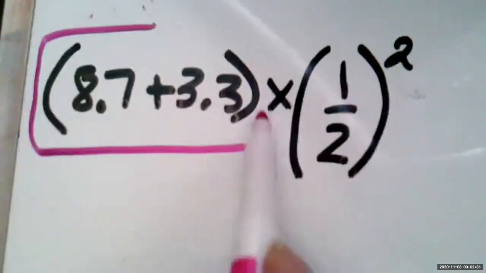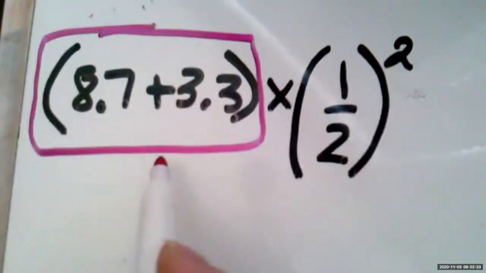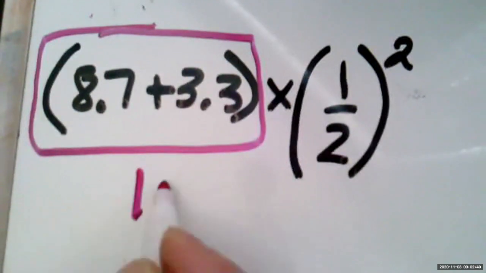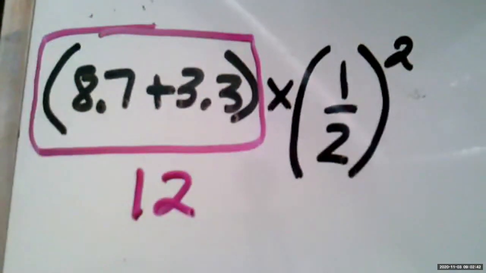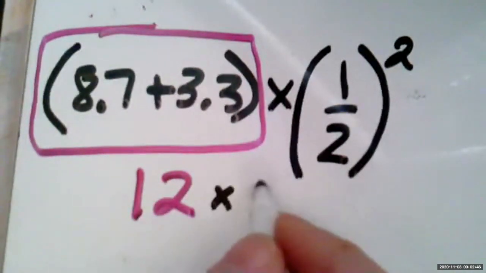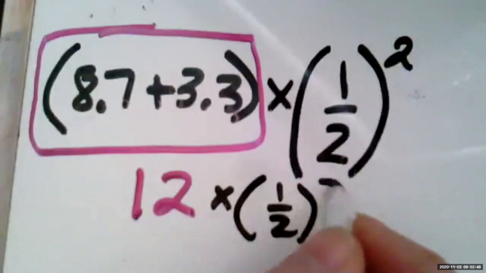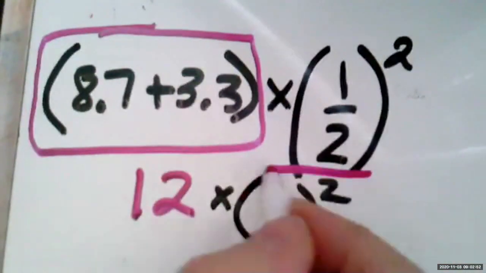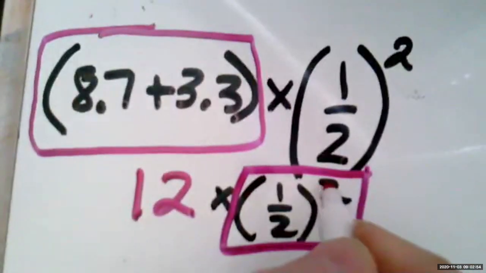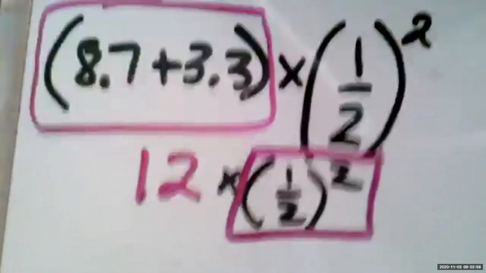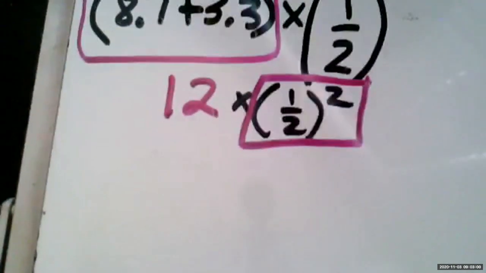Parentheses first. Here's some parentheses. If you add these together, you get 12. Okay, so 8.7 plus 3.3 is 12. And then times 1/2 to the second power. Remember, this exponent goes to everything inside the parentheses.